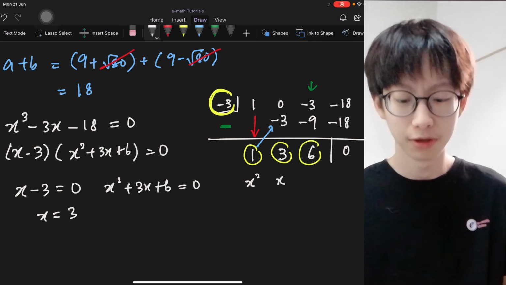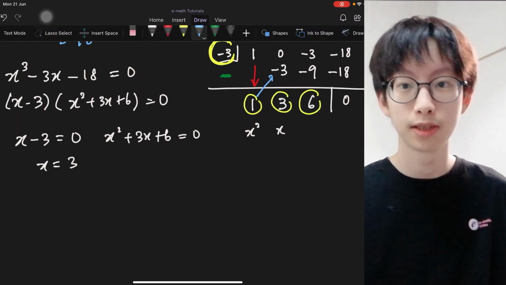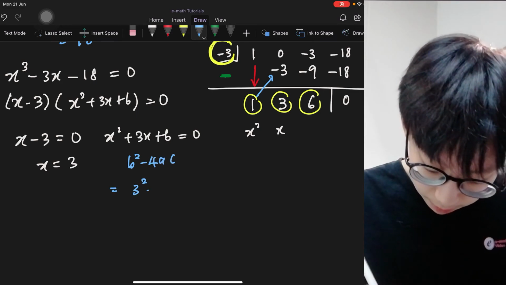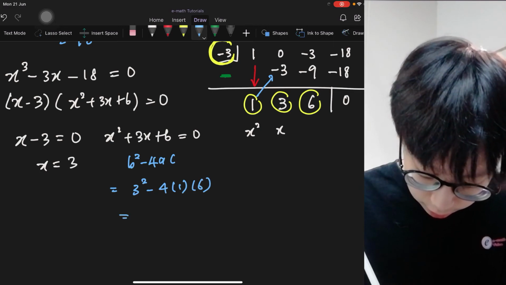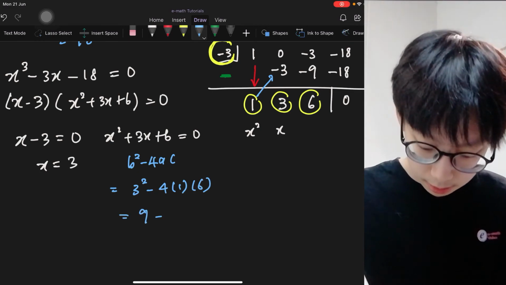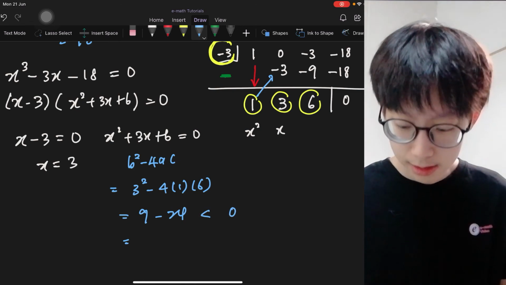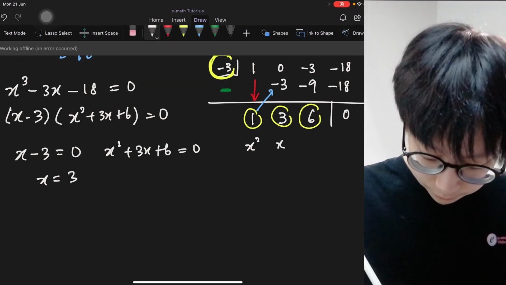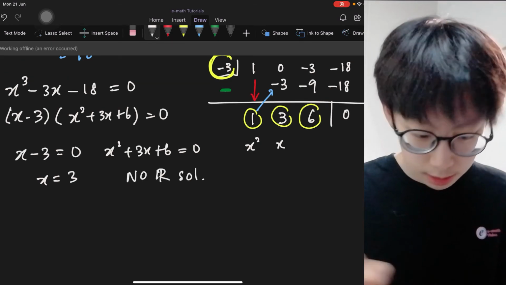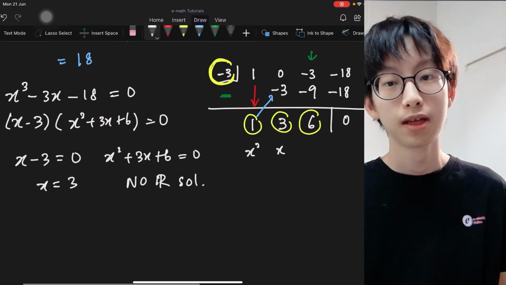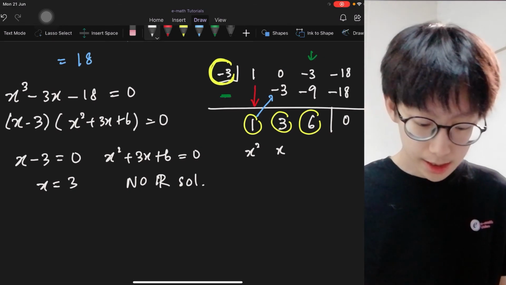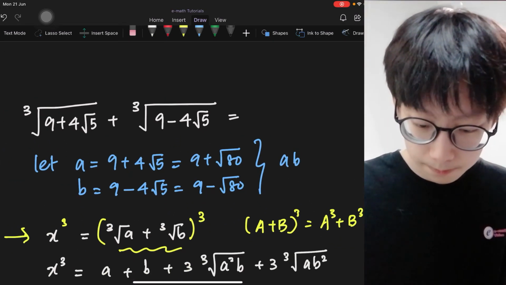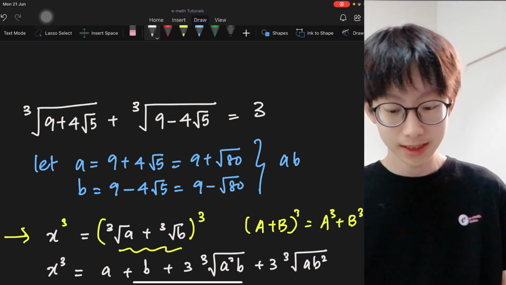Let's check it real quick using the discriminant, b squared minus 4ac, which is 3 squared minus 4 times 1 times 6, which is 9 minus 24, negative. Negative means we don't have any real solution. So just scratch that. What we want to solve for is a real solution. Hence, this radical expression is equal to 3, and that's it.